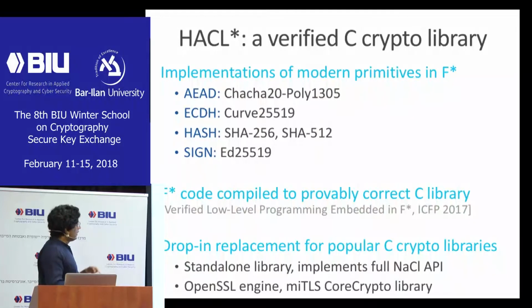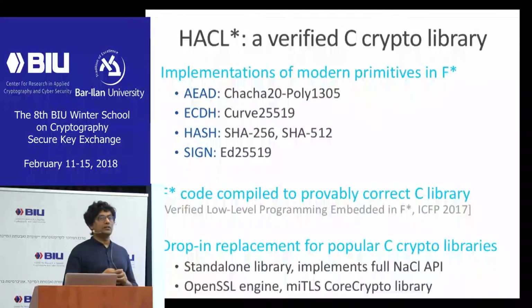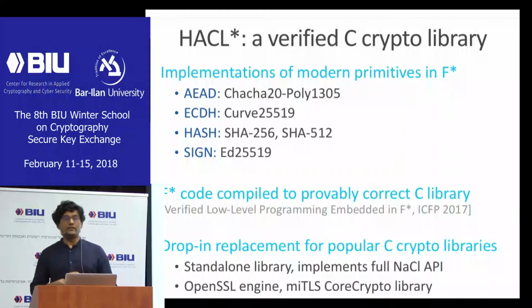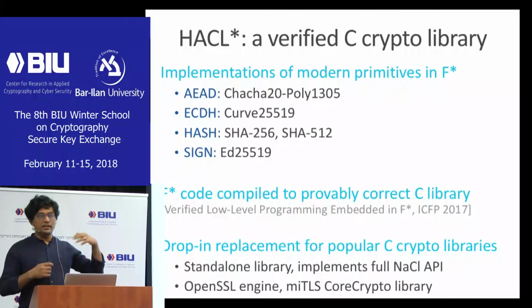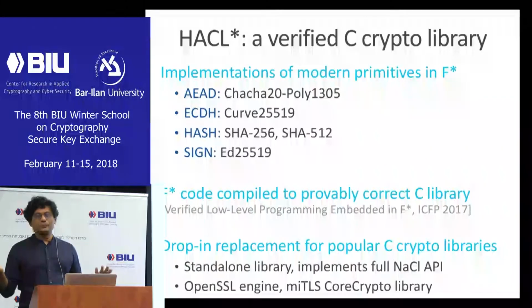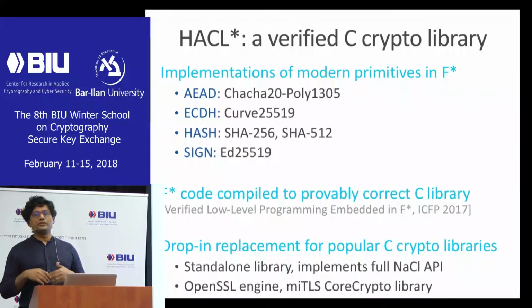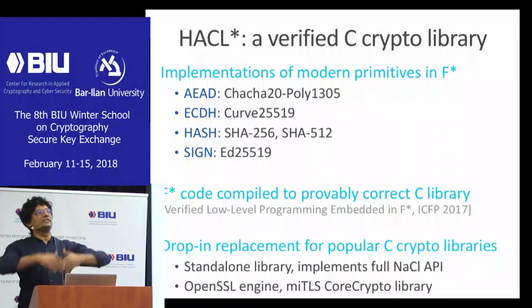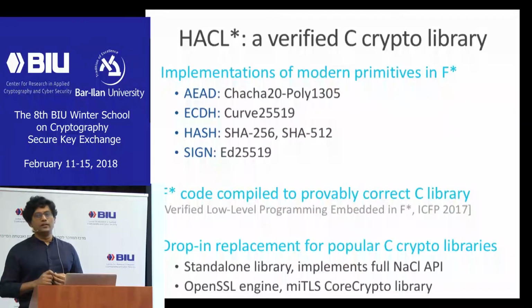So how about we verify that our crypto code is correct? Can we do that, and how do we do that? We're going to use a language called F* to write a verified crypto library. Crypto is just an example to show how you can verify code, and of course you can extend it to whatever crypto construction or protocol you want to verify.